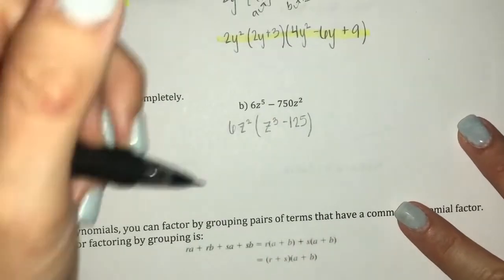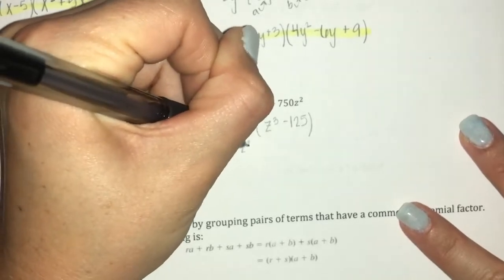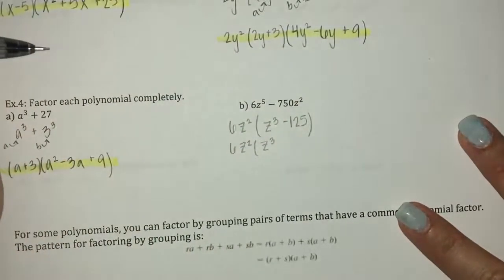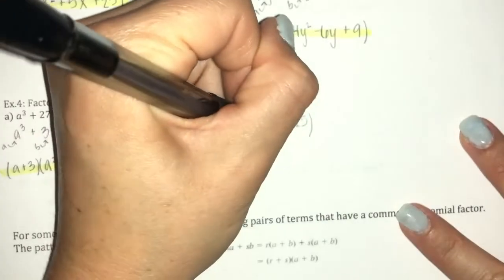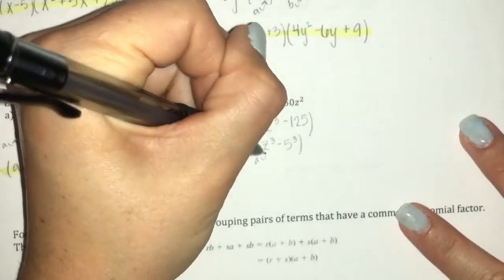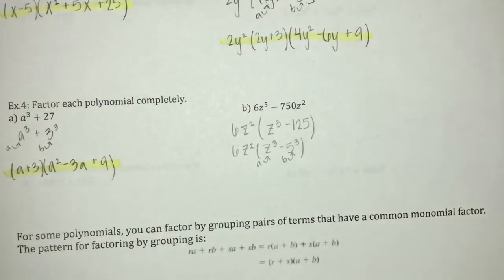So if it helps you see what a and b would be, you can rewrite it: 6z squared times z cubed minus 5 cubed. Then you can see that a is z and b is 5, and this is a difference of cubes.